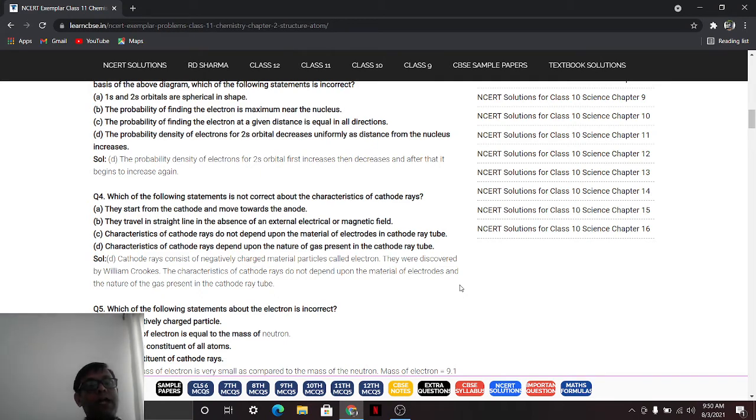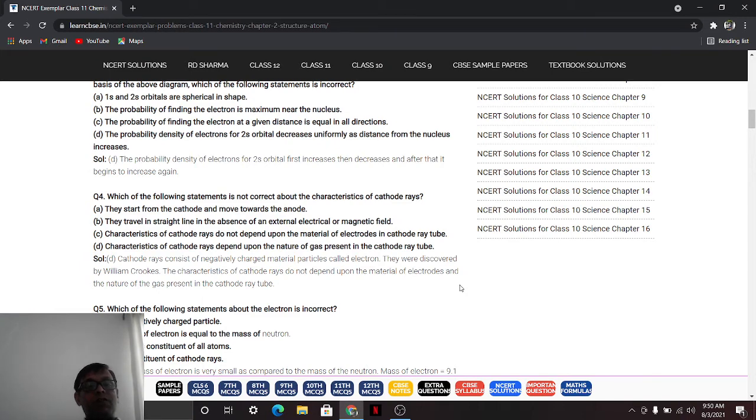They travel in a straight line in the absence of external electric or magnetic field. Characteristics of cathode rays do not depend upon the material of electrodes. That is also correct. Characteristics of cathode rays depend upon the nature of gas present in the cathode ray tube. Yes, that is the incorrect statement.